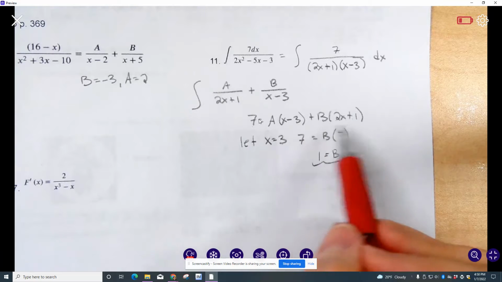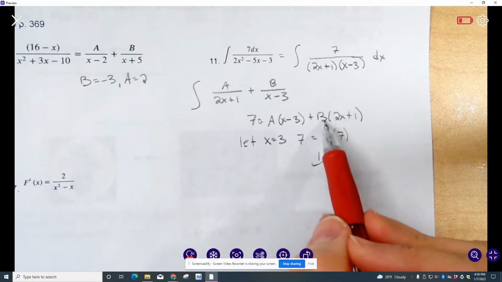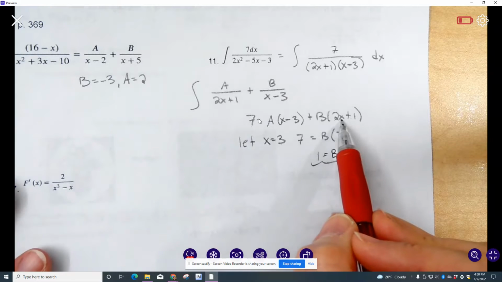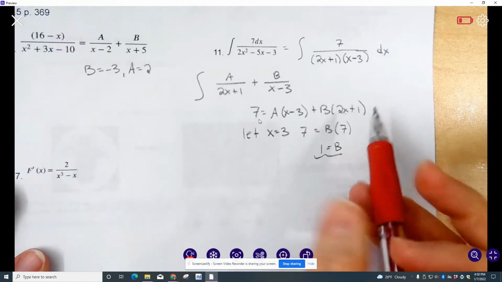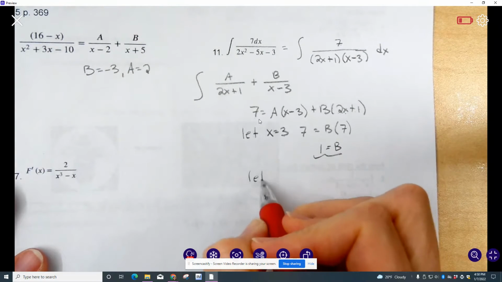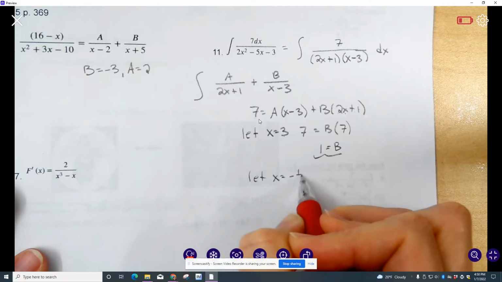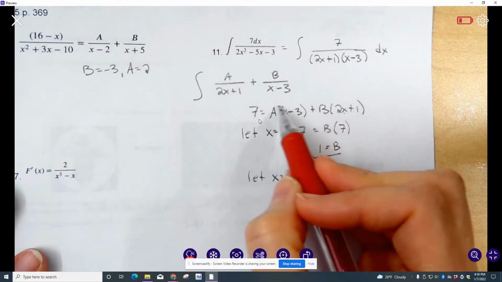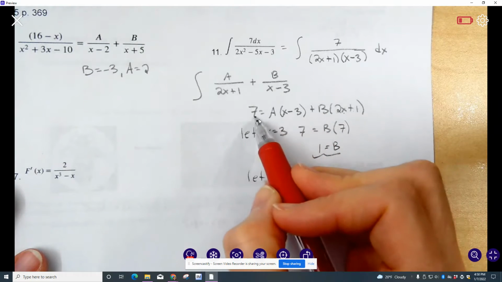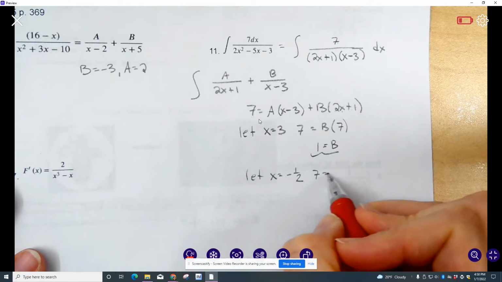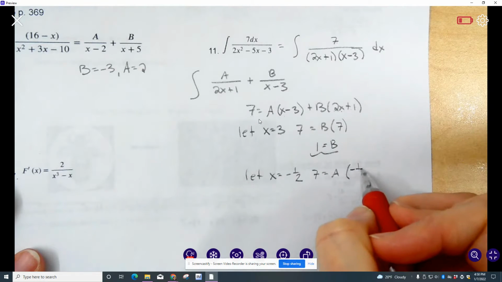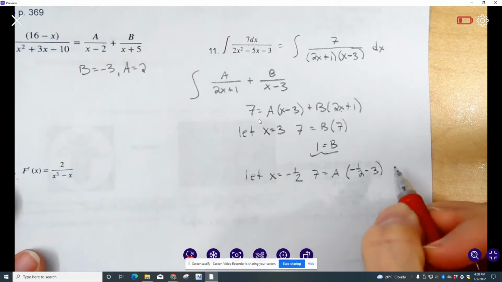And then you want to think, what would I let x equal here to make this term 0? So if I let x equal -1/2, that would make this term 0. So I'm going to solve for a this time. So I'm going to have 7 equals a times x, which is -1/2 minus 3.